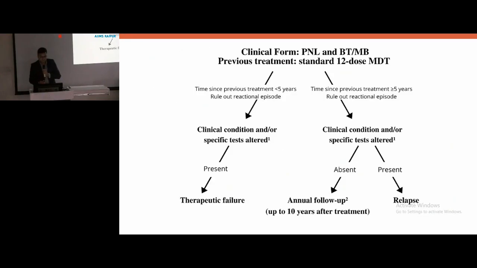If we are still suspecting, then we label it as a therapeutic failure, when clinical condition or specific tests are altered. We label it as a therapeutic failure and not as a relapse when the patient presents within the surveillance period. We work up such patients for resistance or inadequate response to MB-MDT. On the other hand, if it is more than 5 years and the clinical tests are altered, then we diagnose it as a relapse. If it doesn't show those conditions, then we keep them in follow-up for a longer duration.